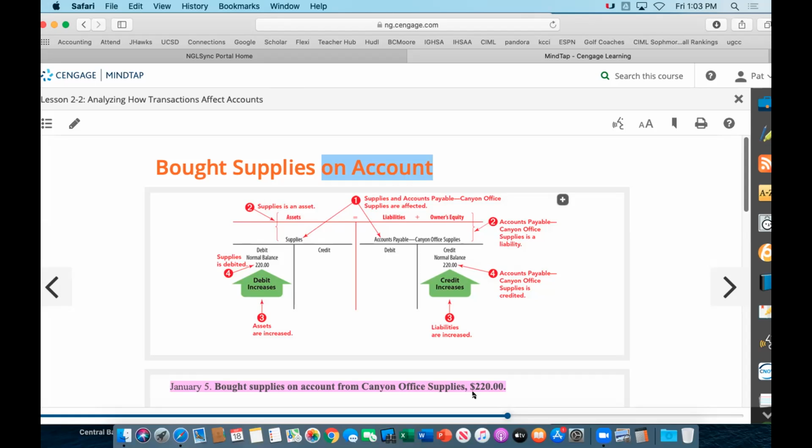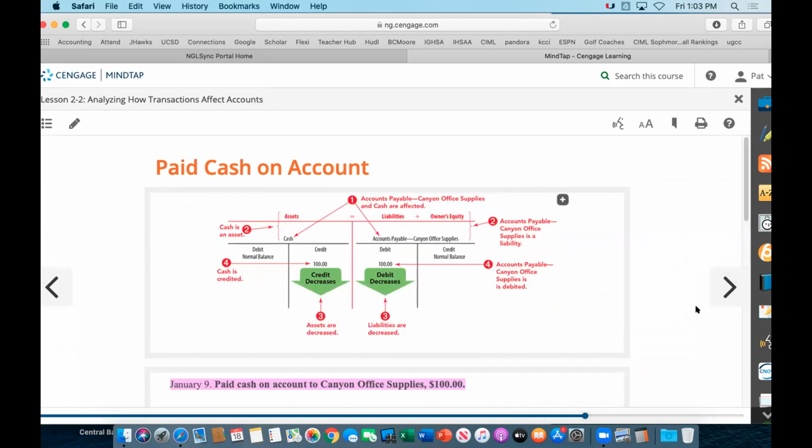Hope that's easy to see, sorry. Kind of crowded. Supplies goes up with the debit. It's listed first, so that's why we have a debit.